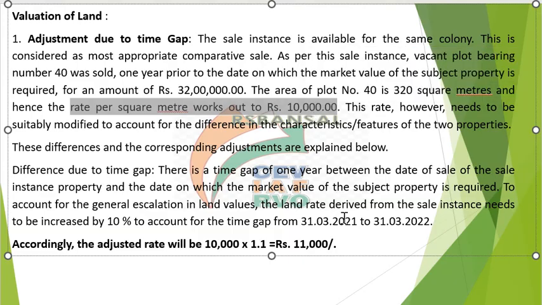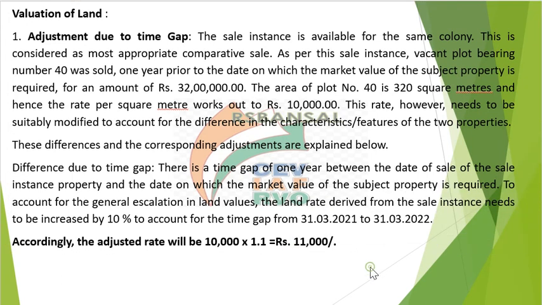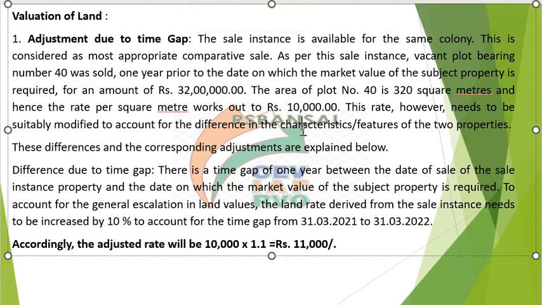With the increase of 10% from then to now, the adjusted value will be 10,000 into 1.1, 11,000 per square meter. This is the first adjustment you have to apply, due to time gap.